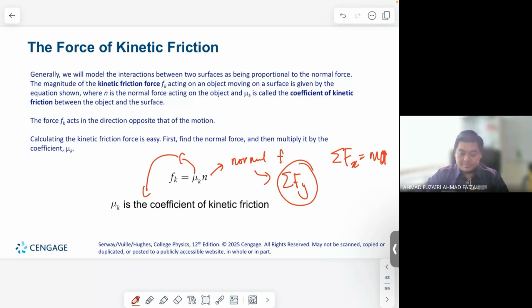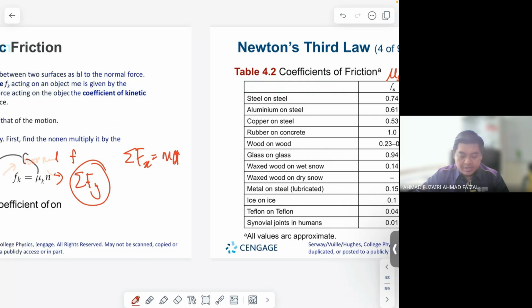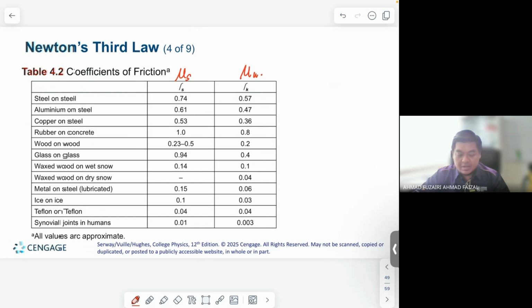So these are the coefficients of friction, as I said in class last week, the mu s and the mu k. As you can see, mu s, the static friction, has a higher value compared to mu k.